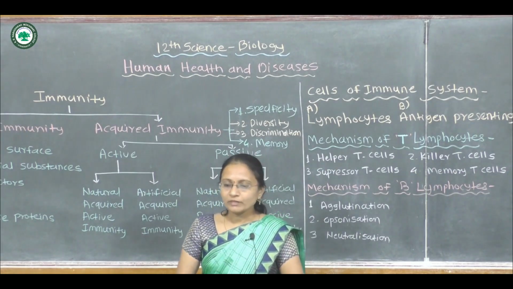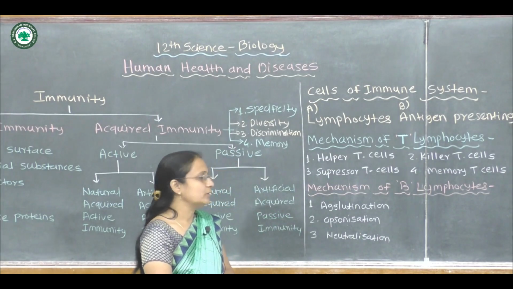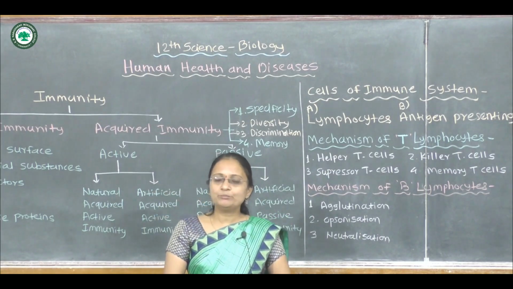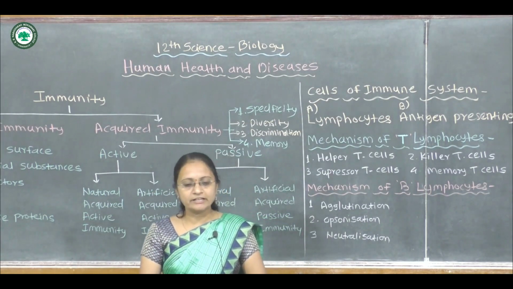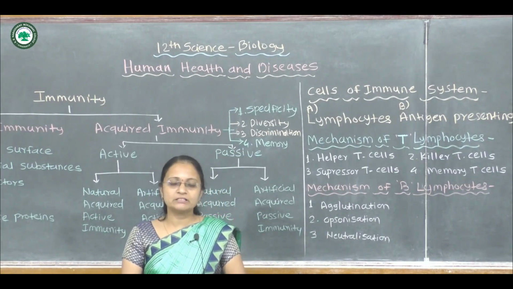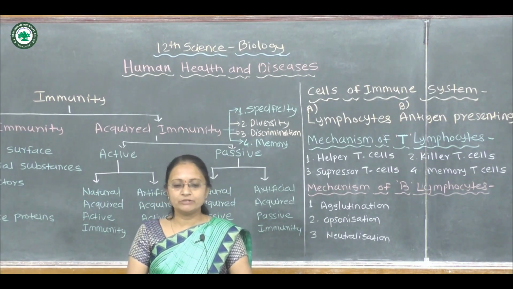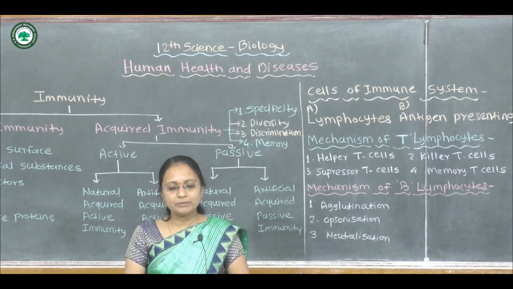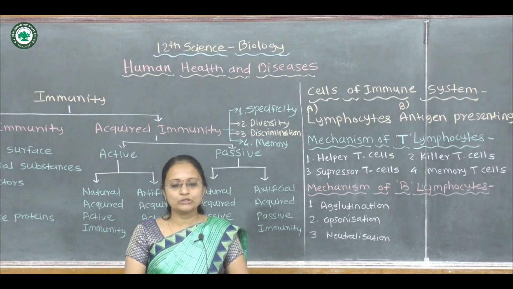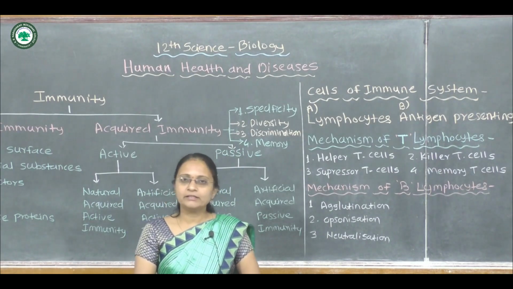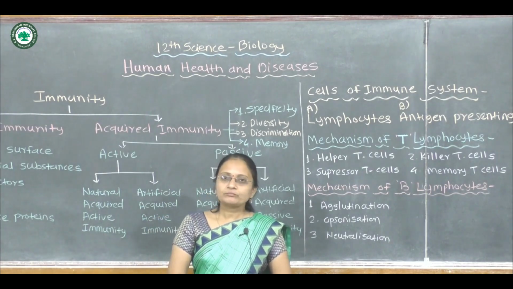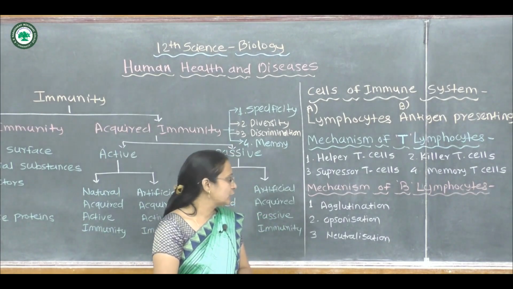Now the mechanism of the B lymphocyte. B lymphocytes are sensitized directly by both the antigen as well as the helper T cell, and the activated B lymphocytes multiply because they have to produce a clone of plasma cells and memory B cells. Here the first is agglutination.